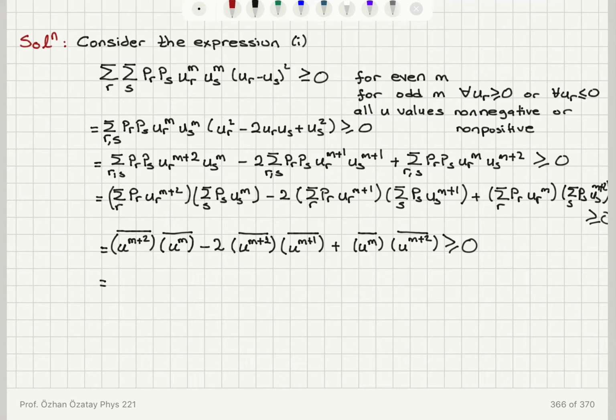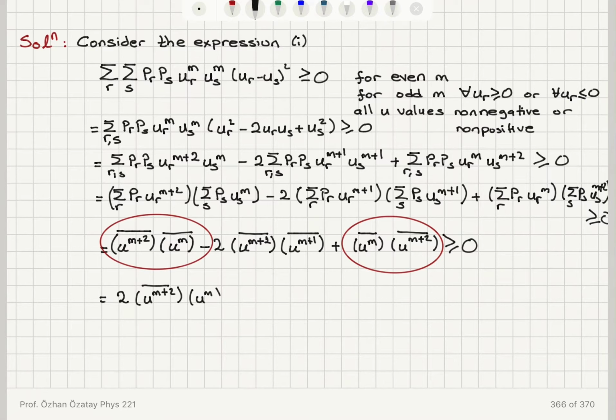Now you can see that the first term here, I can see that it's the same thing as the last term here. So basically I would have twice u to the m plus 2 mean value, u to the m mean value, minus twice u to the m plus 1 mean value, and this is squared.